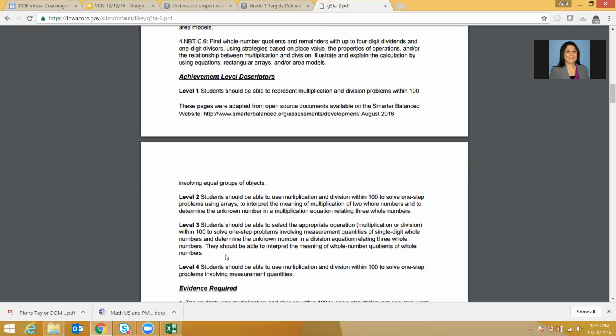They should be able to interpret the meaning of whole number quotients of whole numbers. So what this helps me to know is if a student is a 3, then they're proficient on those 4 standards up above, right? 4 is exceeding proficiency, and 1 and 2 are maybe not yet proficient, far from proficient.